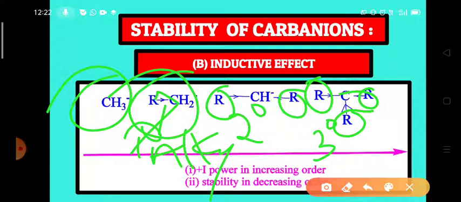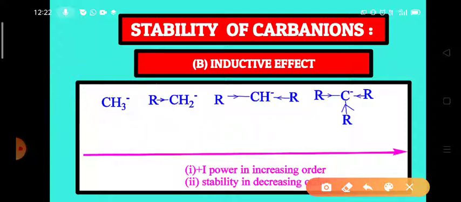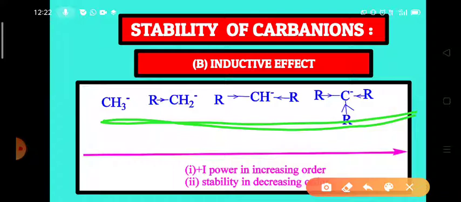As a result, the charge density is very high in the tertiary carbon ions compared to the other alkyl carbon ions. So as a result, stability decreases from methyl carbon ions to the tertiary alkyl carbon ions.